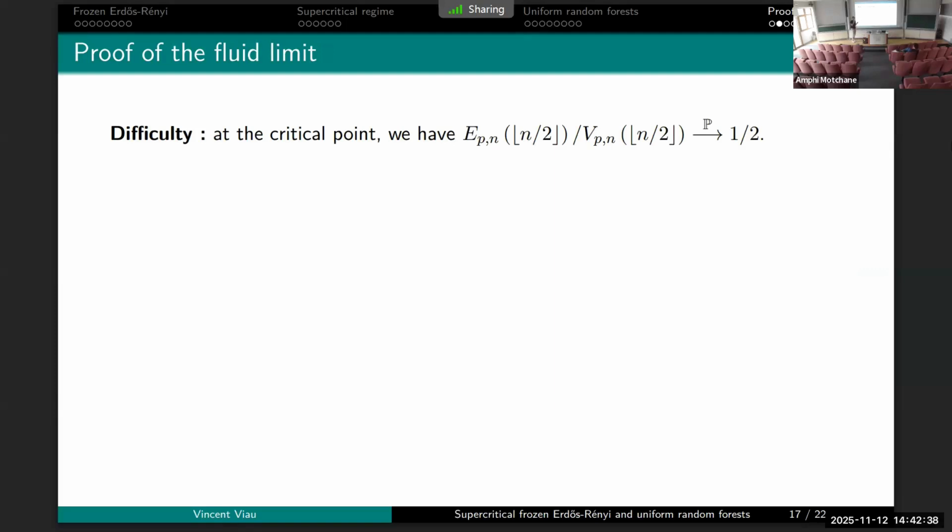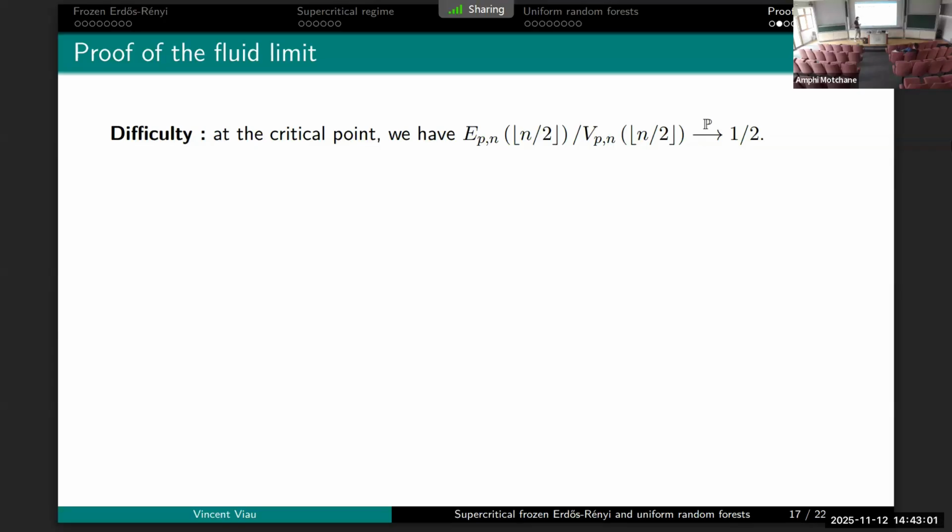This was part of the result of Contat-Curien in the critical regime. This is not good for us because we have seen that critical forests have trees of size n to the 2/3, which will be too large for us to get some fluid limit result.